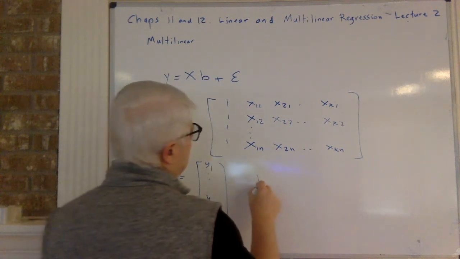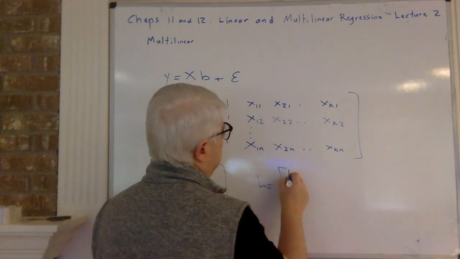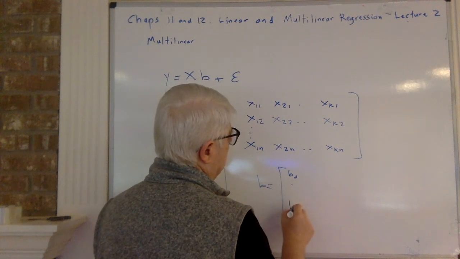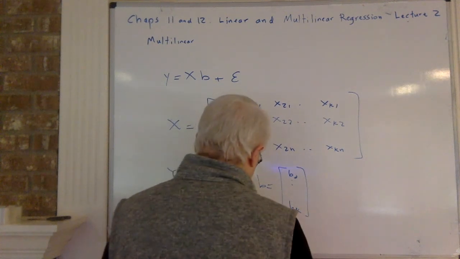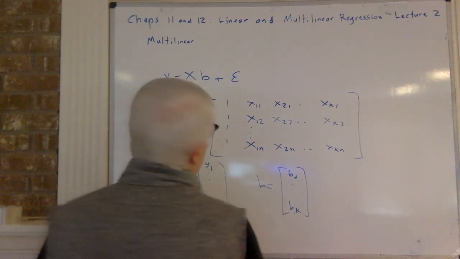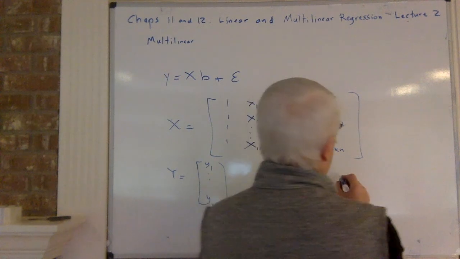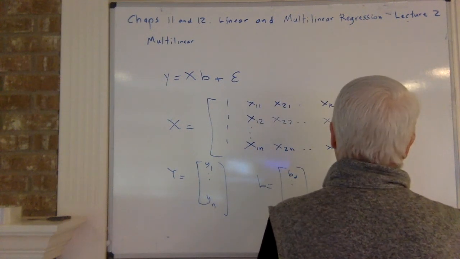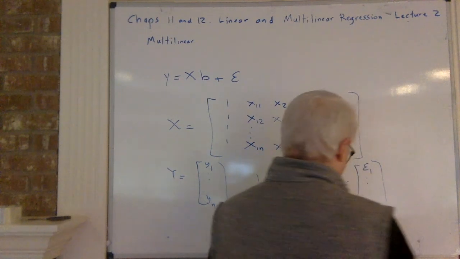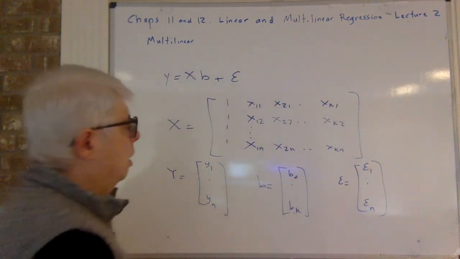And the b will be b0, b1, in fact up to bk. And epsilon will be something like this, epsilon 1 up to epsilon n.